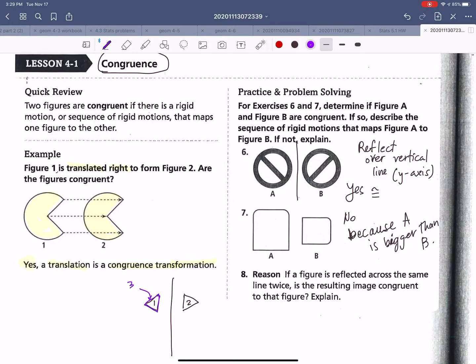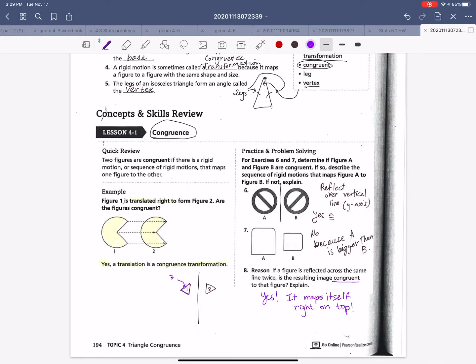So my purple one is my third triangle. Is the resulting image congruent to that figure? And the answer would be absolutely yes. It maps right on top. How do we know? It maps itself right on top. Cool. Okay, so lesson 4.1 we reviewed.